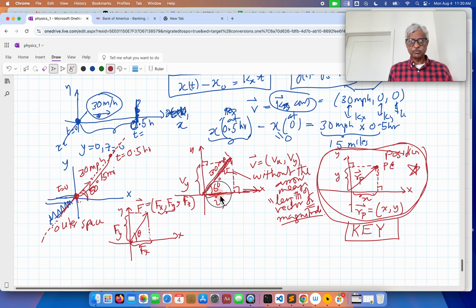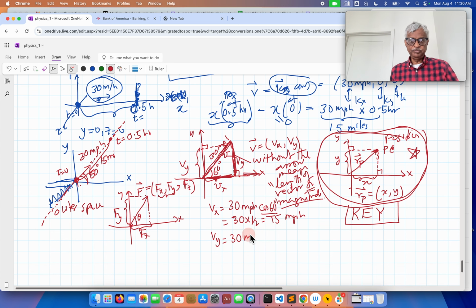So if this is Vx and this side parallel to that is Vy, and this is the angle, then Vx will simply be 30 miles per hour cosine 60 degrees, which is half, so 30 times half is 15 miles per hour, and Vy is 30 miles per hour sine 60 degrees, which is square root of 3 over 2. So that is 15 square root of 3 miles per hour.